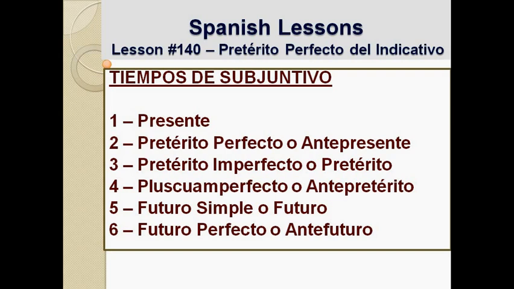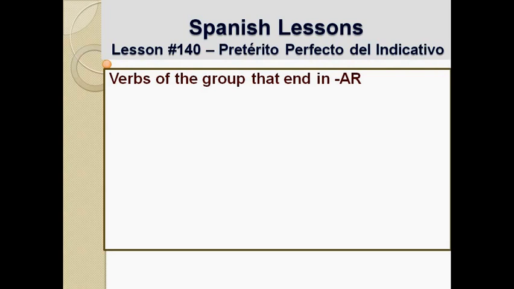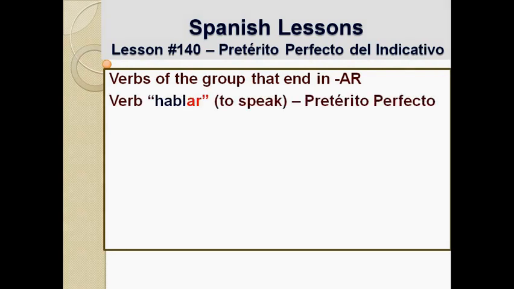And we will divide that into the 3 classifications of Spanish verbs. So let's begin with the first classification of verbs. These are the verbs that end in AR, right? The letters AR. This is the first of the 3 groups of verbs, and we will choose as an example the verb hablar, or the verb to speak, hablar.